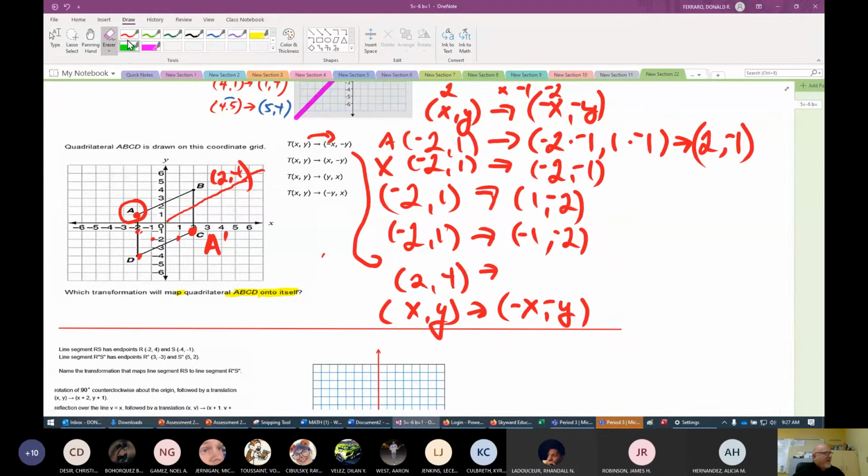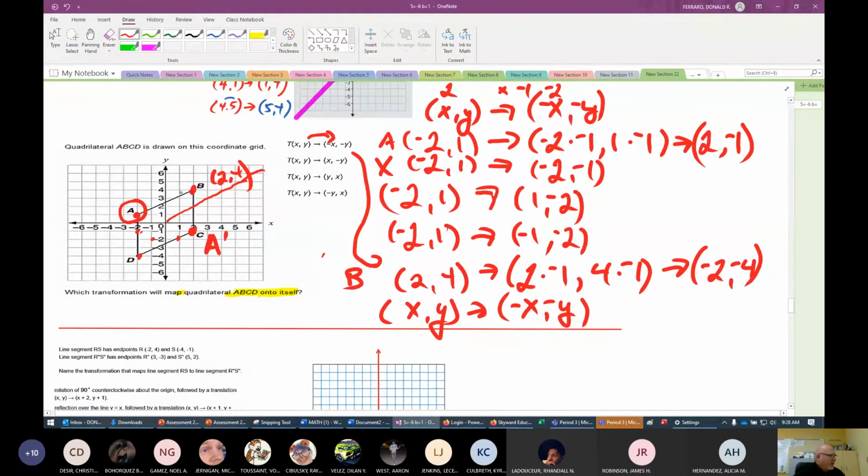I've got 2 comma 4, and I've got 2 times -1 comma 4 times -1. 2 times -1 is -2, and 4 times -1 is -4. And now I map that point right there, and that's where we ended up with point B.